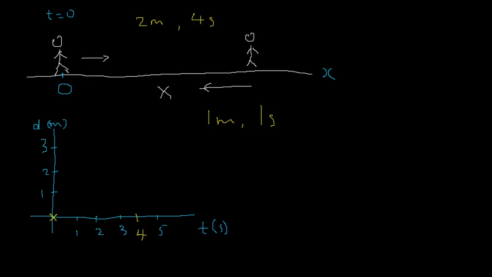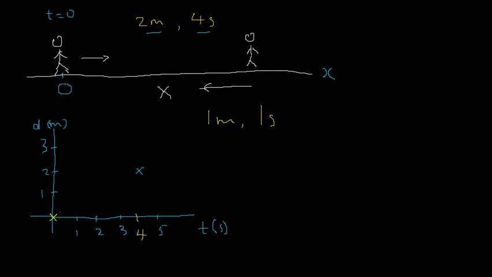Okay, so after 4 seconds, he would be here. No, wait. He would have walked 2 meters. Right, that's what we saw up there. 2 meters in 4 seconds. So from here to here.